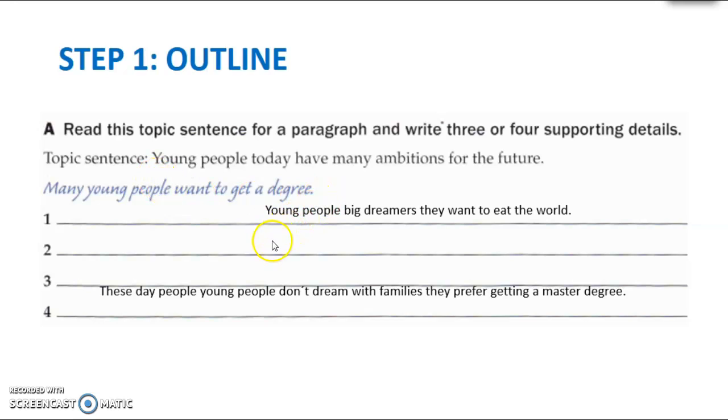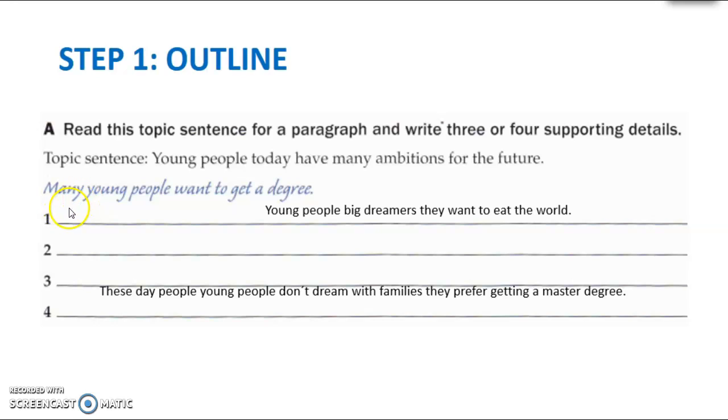So in this part, it's like a brainstorm. You write your sentences related, of course, to your topic sentence, and then you decide how to organize your ideas. For example, here we have a topic sentence: Young people today have many ambitions for the future. This is our topic sentence.